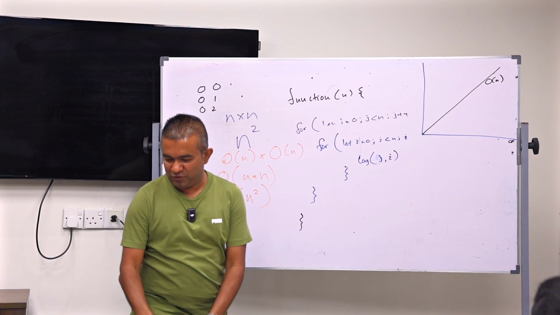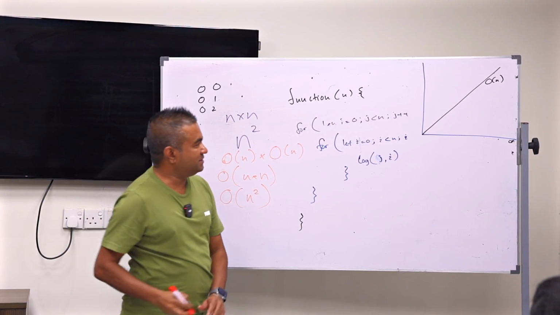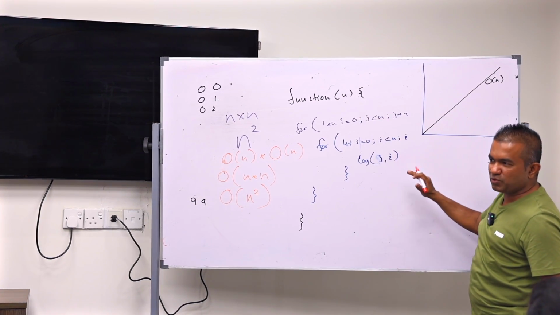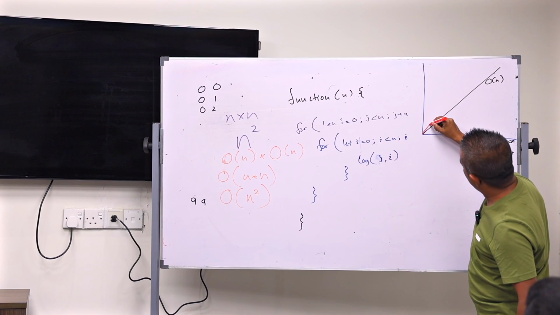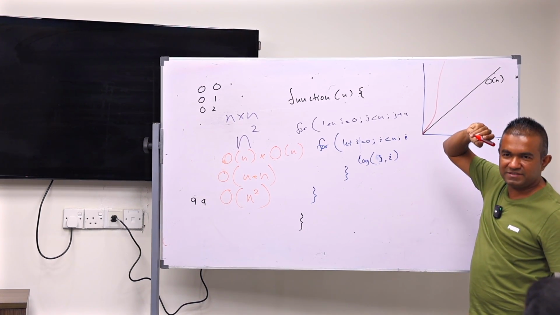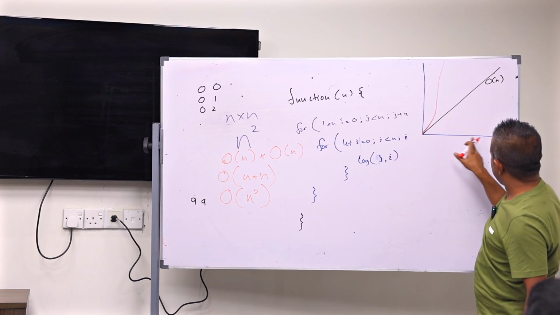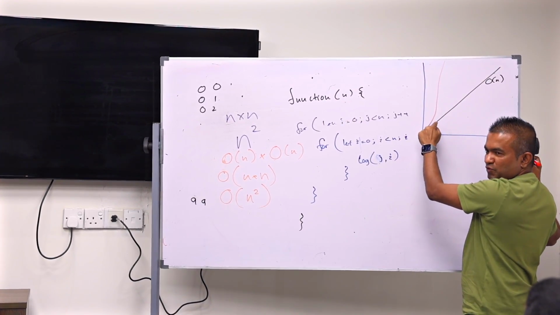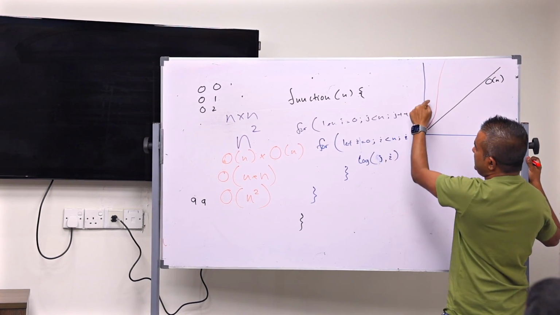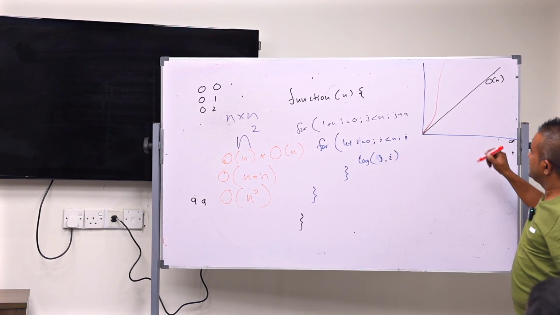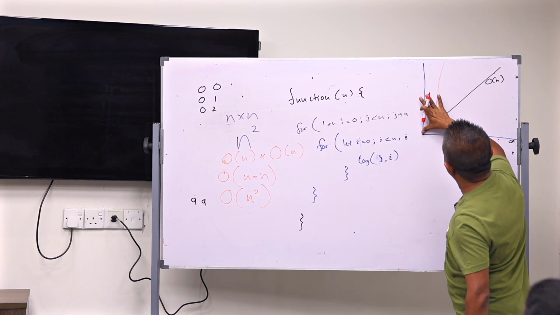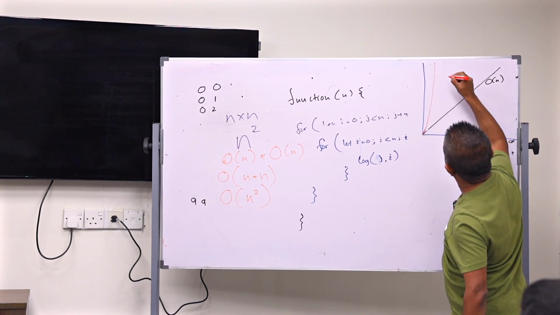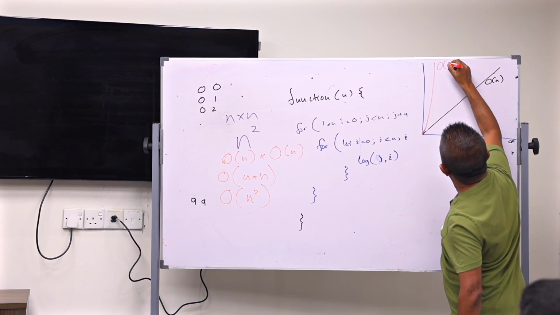Now this one, what happens when it goes, it goes squared, right. I hope you understand these graphs. You can see when the number is 2, this goes to 4. When the number is 10, this goes here. This is nicely going like this, O(n squared).